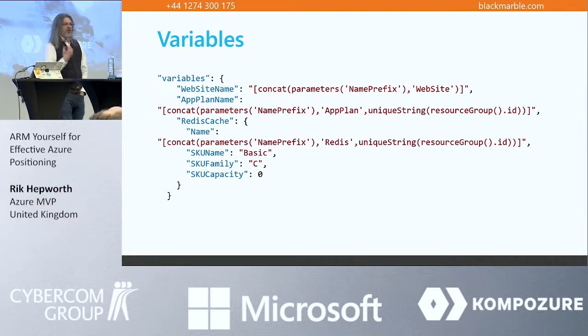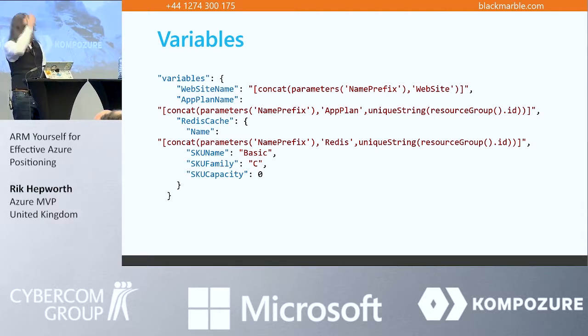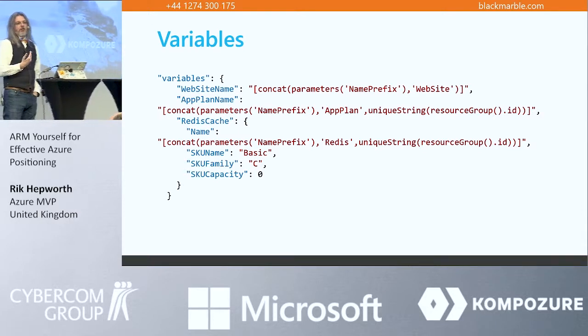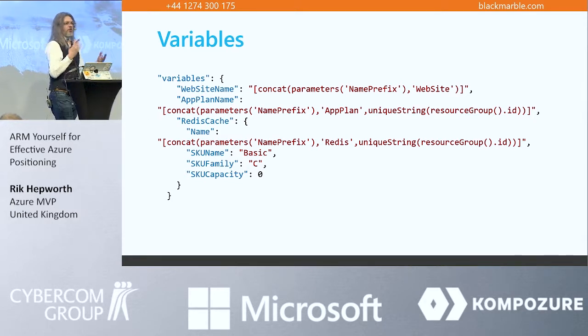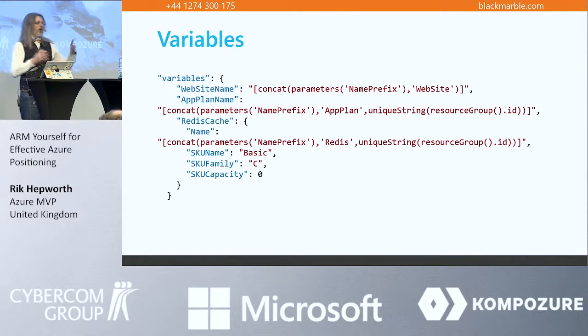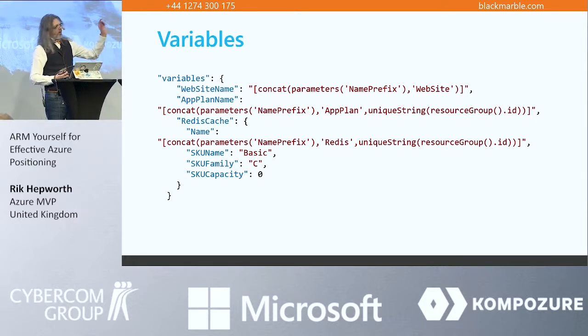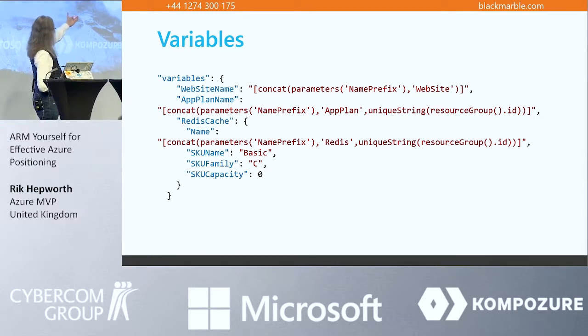So that means I can have structures. One of the things that I'm really keen on doing is, rather than having a gazillion variables of name and value, I always build structures, and I tend to build structures based on the resources I'm deploying. So if I'm going to have, I don't know, a website, then I'll have a variable called website with properties within it, just like you can see there.